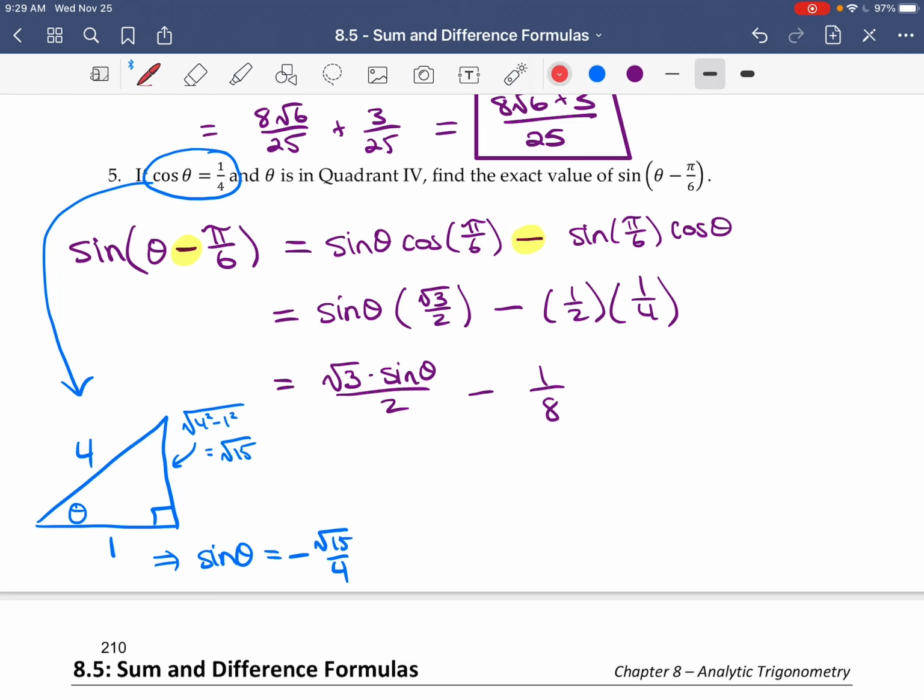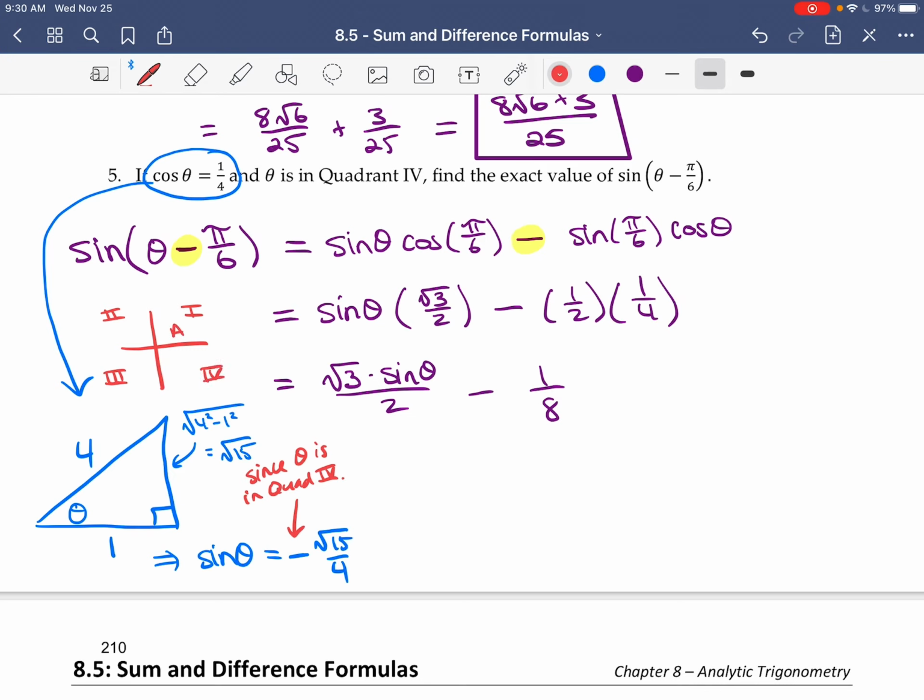Now, it's negative since theta is in quadrant 4. So remember in quadrant 4, here's 1, 2, 3, and 4.